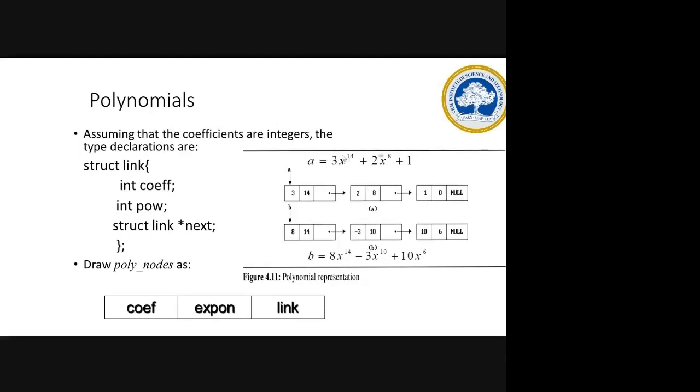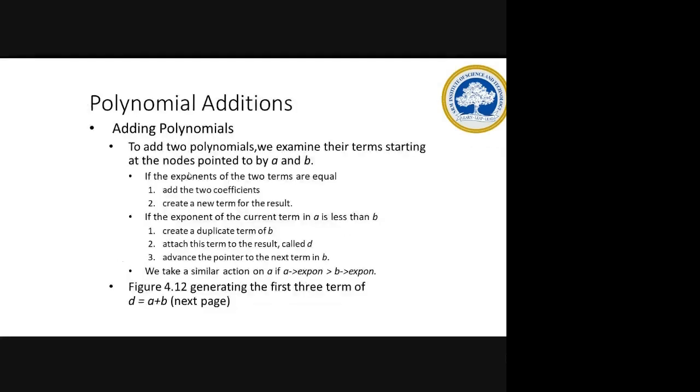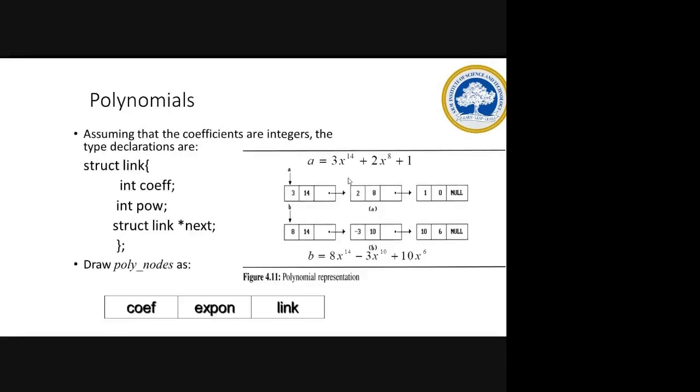You will keep the term as it is, and you will go to the next higher order. So the initial checking is that your exponent term has to be checked. That is the main thing. You have to check A for the particular A. A is a variable. We are using a pointer. One pointer will be moving like this, and another pointer will be moving for B.